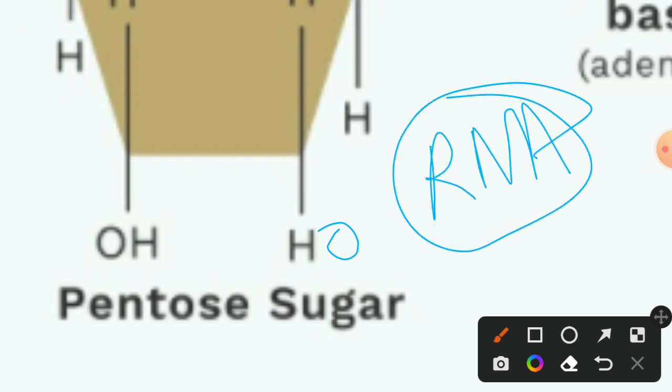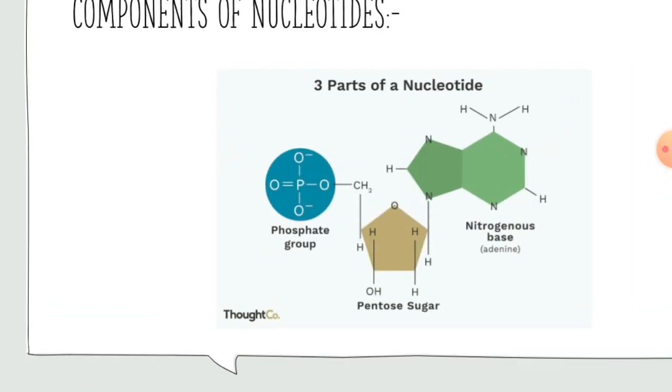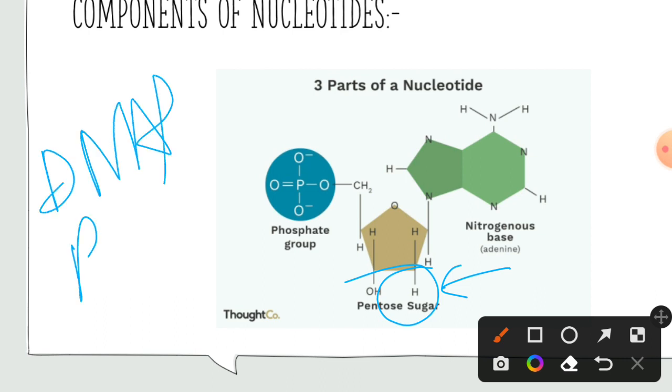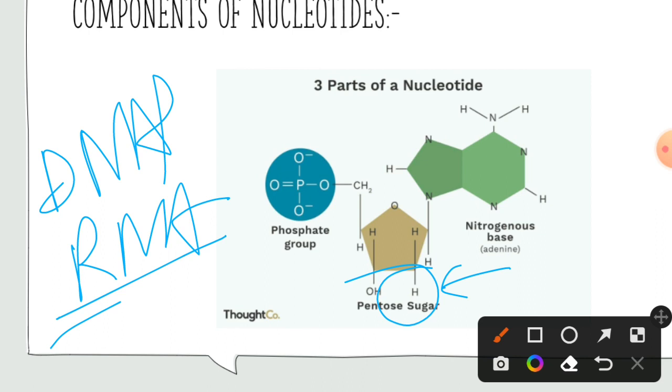A nucleotide that contains a 2' OH group in its pentose sugar is not DNA; instead, it is an RNA molecule. Remember it very carefully: depending on what is present at the 2' position of the pentose, it is determined whether it is DNA or RNA. And the third component is the phosphate group.